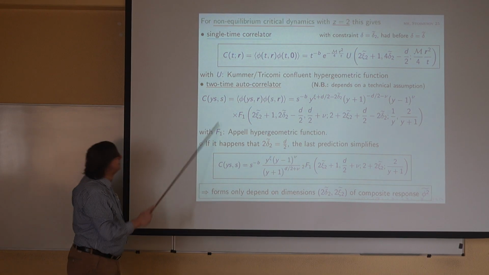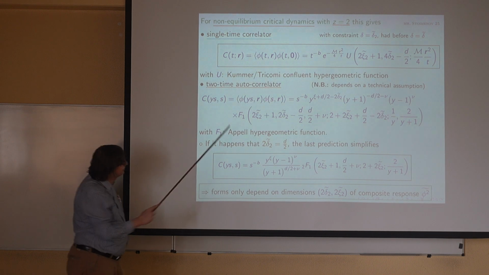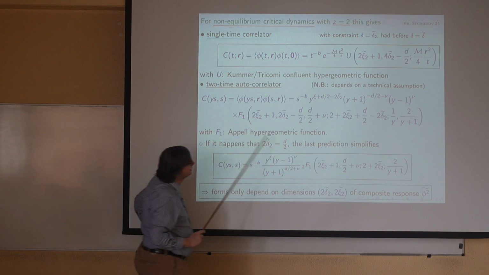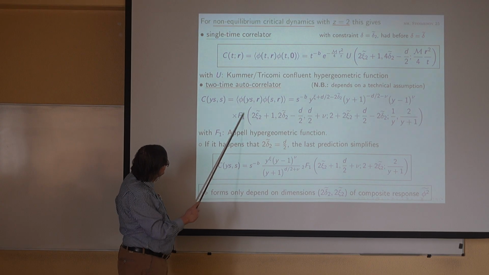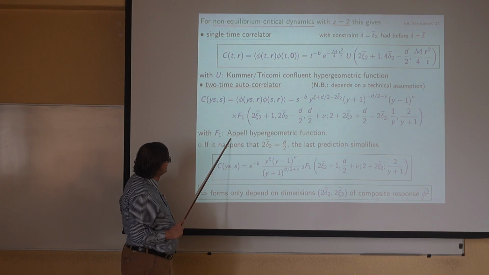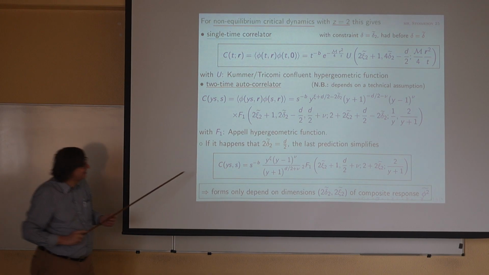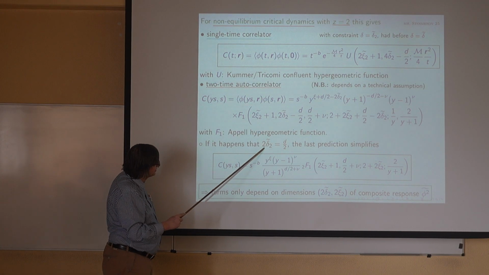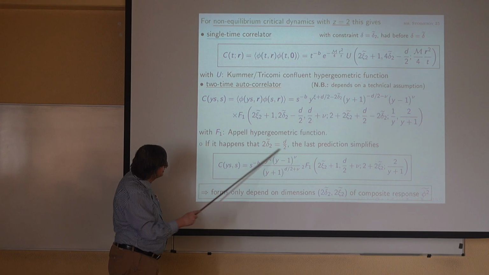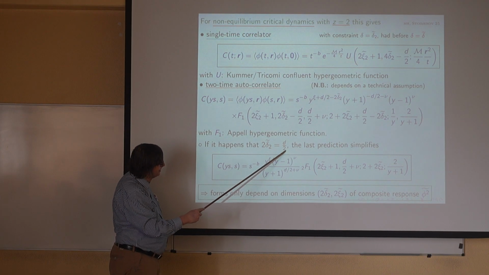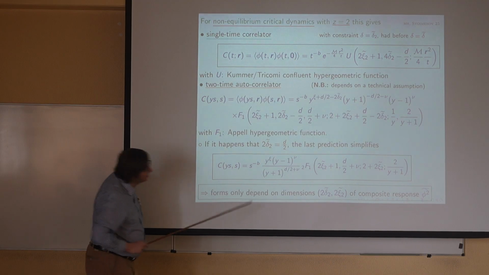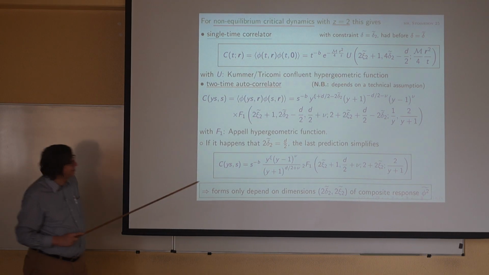Good. Then the 2-time autocorrelator can also be written down in terms of a so-called upper hypergeometric function, which is probably a little less familiar to you, but in those cases, when it so happens that this identity holds, which in the cases I'm aware of always happens to be the case, I don't know why.